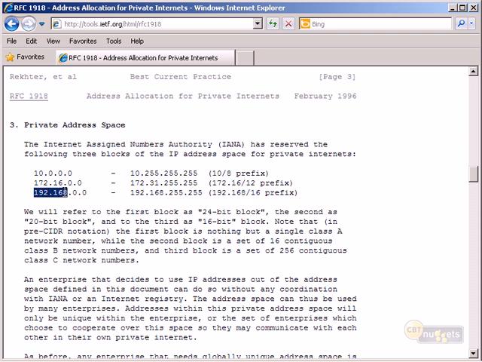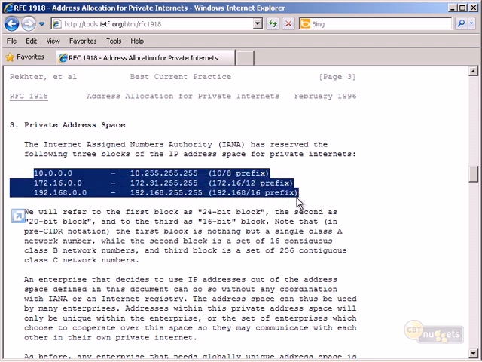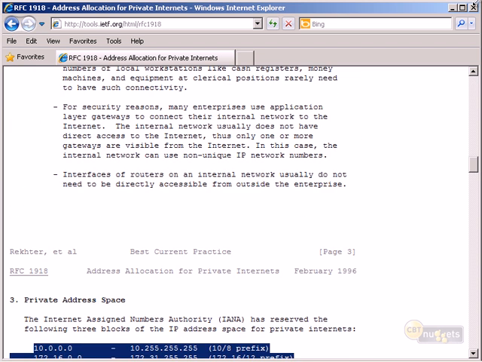And then, of course, the 192.168.0.0/16. And this is the one you probably use right now at home behind your DSL modem, your cable modem or router, whatever you're using, probably 192.168.1.0.